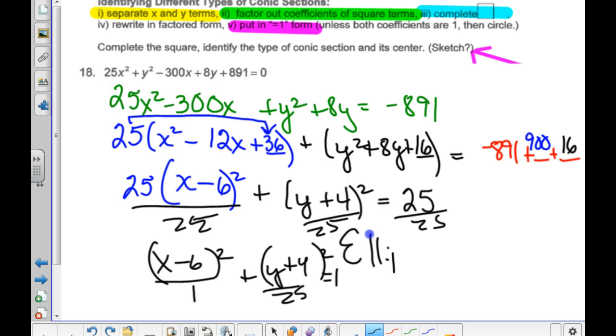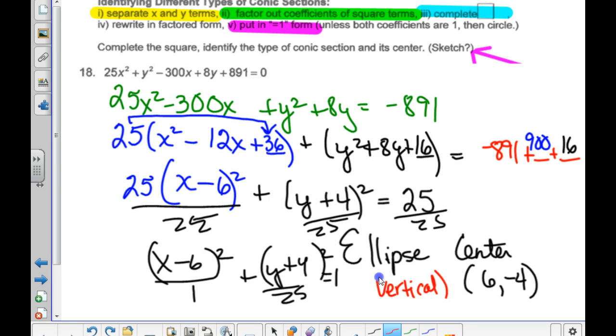It's an ellipse whose center is where? 6, -4. Okay? Is it horizontal or vertical? It goes out further on the y, which makes it a vertical ellipse if we were looking at the sheet.